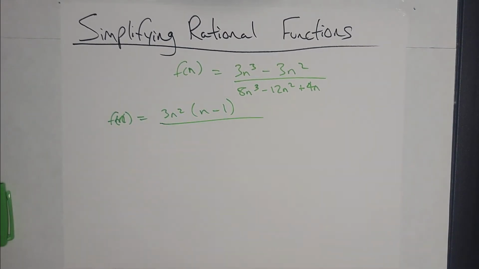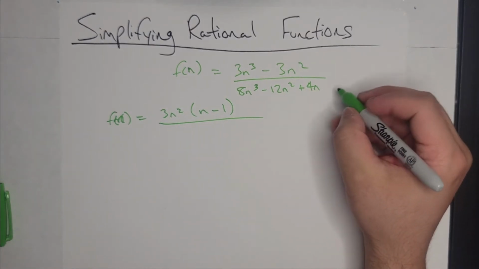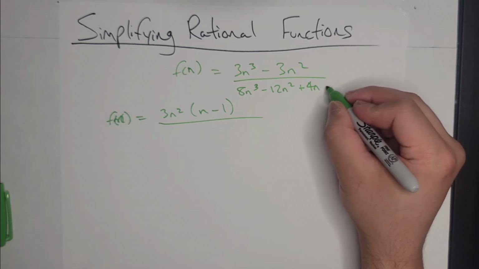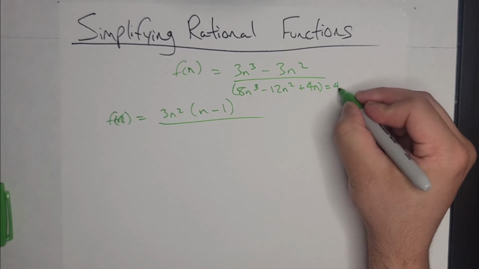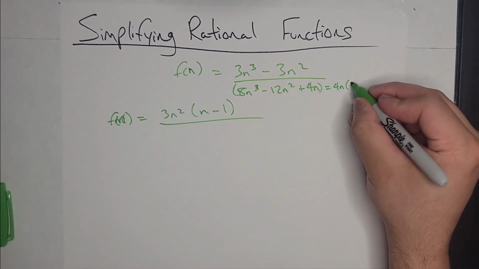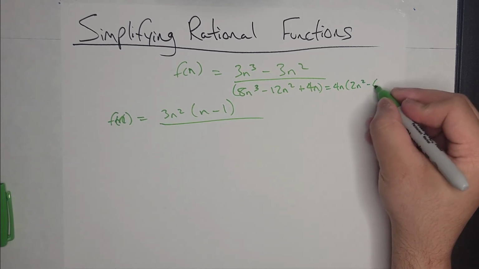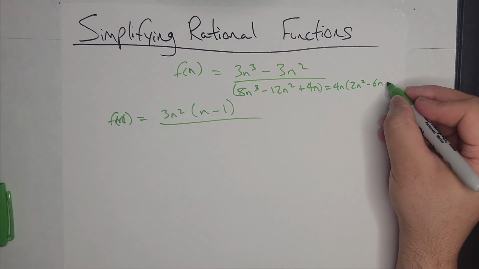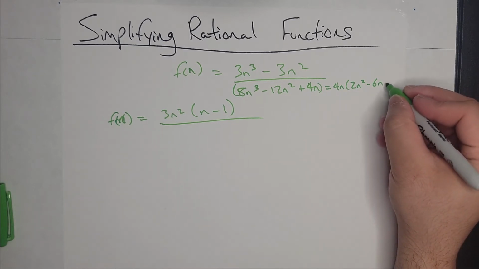Right. And from the denominator, I can see that I can factor out a 4n, which will leave me with, if I take out 4n, I'm left with 2n squared minus 6n plus 1.